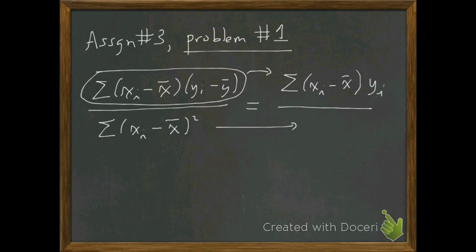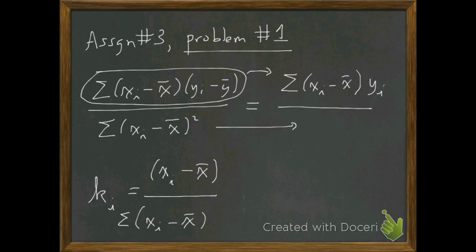Now, let's try to simplify this, and the notation I've always seen for this is to use k sub i. So if we let k sub i be x sub i minus x bar over our denominator.